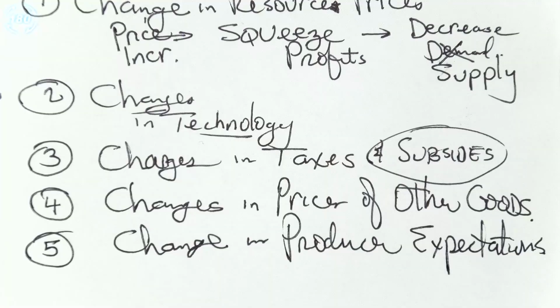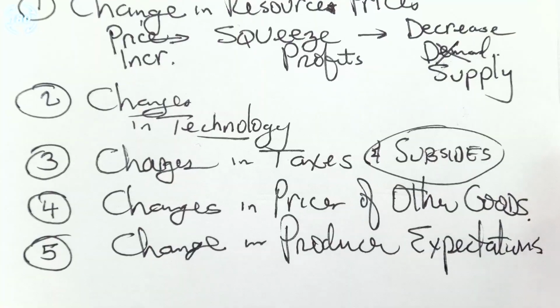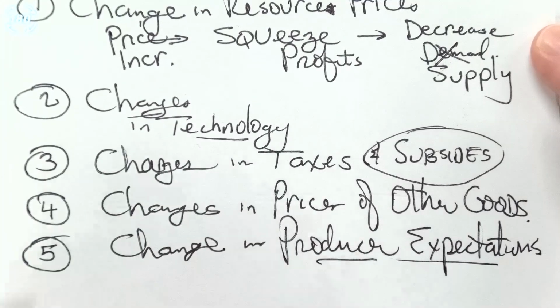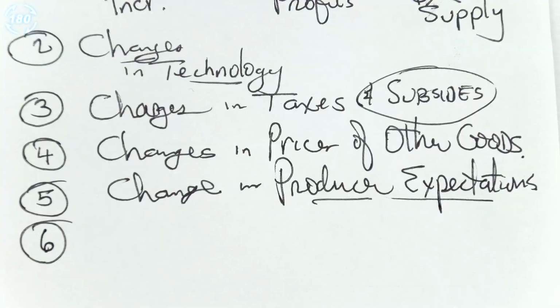If you think there's a glut of wheat, somehow you know what's going on with wheat on the global market with storage, and there's a shortage of capacity to store wheat, you may see that coming. You say other suppliers are going to start discounting the price of wheat, so I'm not going to grow wheat this week or this year. So a change in producer expectations affects the position of the supply curve.